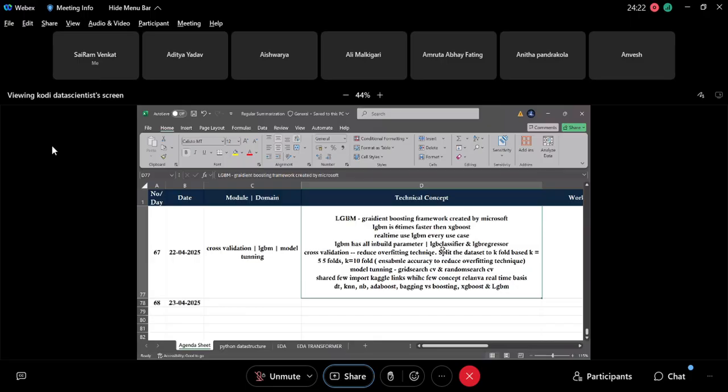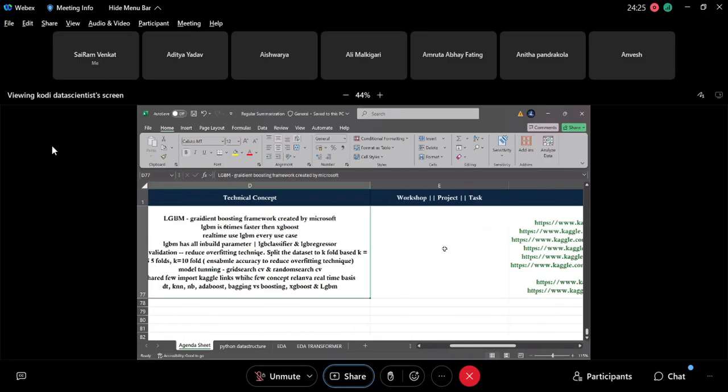Are you clear, team? These are the projects that have been assigned.